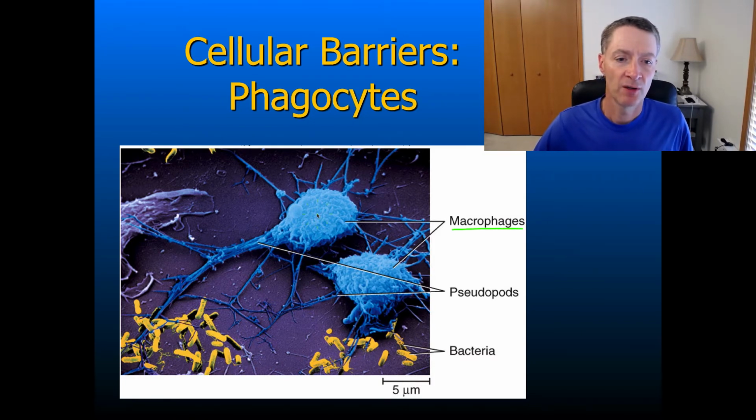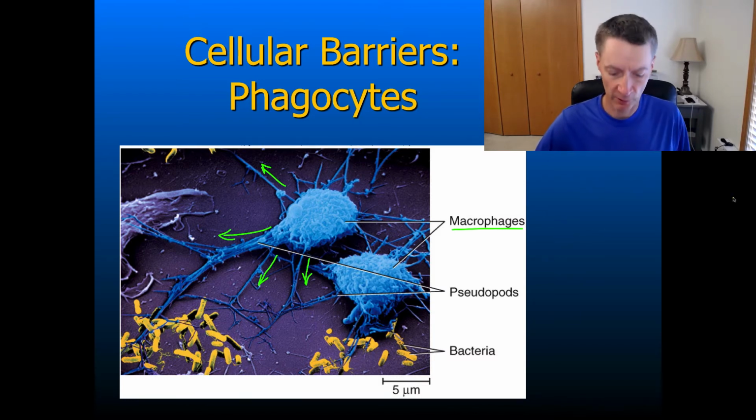So you can see this blue cell here really has reached out with the different pseudopods, kind of like they're almost like feet, right? Pods for feet. And these are able to actually not just grab onto surfaces, but they're able to grab onto bacteria like these bacillus organisms I see in this picture, all right?